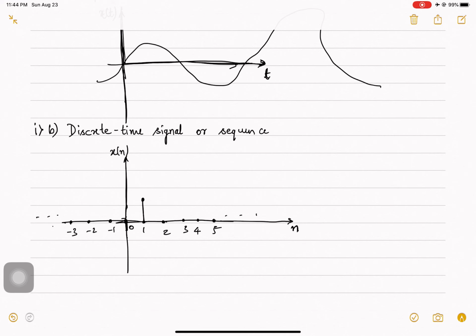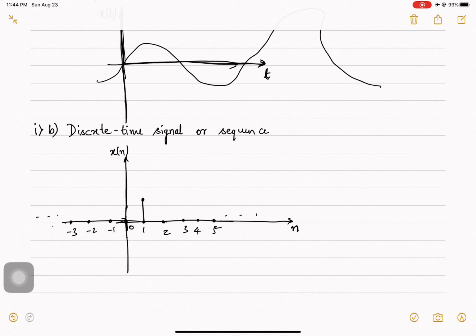So n is not a time, not related to time, it's basically an index. It just represents the position of a number in a sequence. So we can take 0 as a reference and then define the position of all the other numbers with respect to the 0 reference.